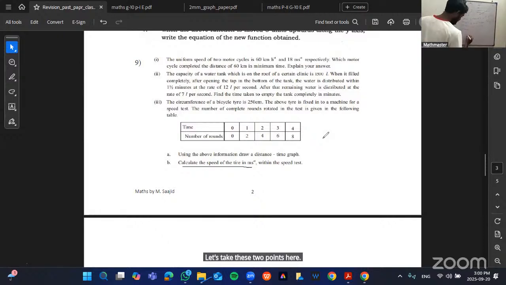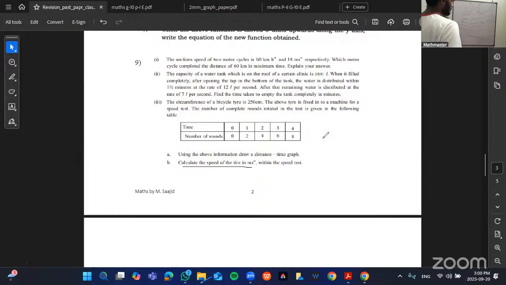The speed equals the gradient of the graph, which is y2 minus y1 over x2 minus x1. I'll take this one first. So here y2 is 1500 minus y1 is this one, that is 1000, over x2. Here x2 is 3 minus x1 is 1.